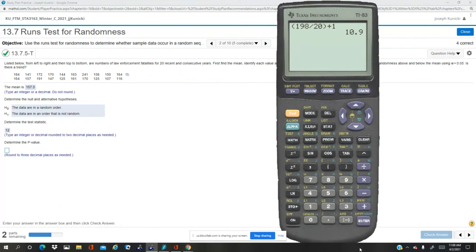Sigma is a little more complicated. Sigma is the square root of a big fraction. So the numerator is 2 times n1 times n2, we already know that's 198, times 2 times n1 times n2, 198, minus n1 minus n2, so that's minus 20. So that's the numerator.